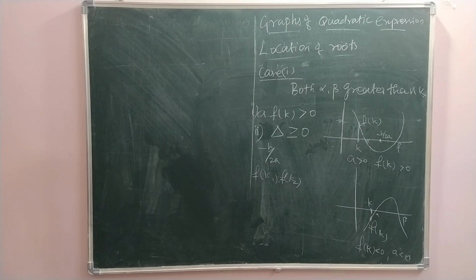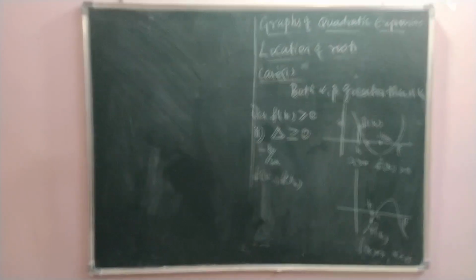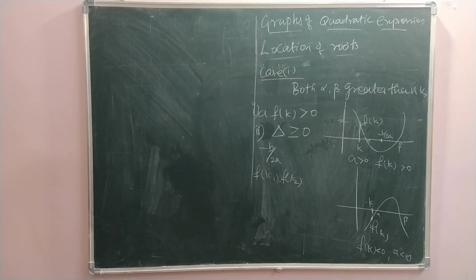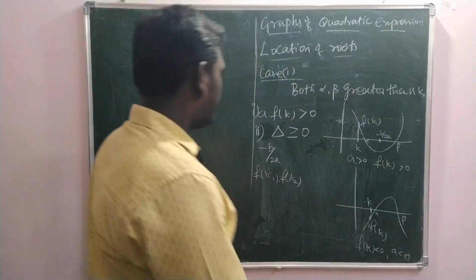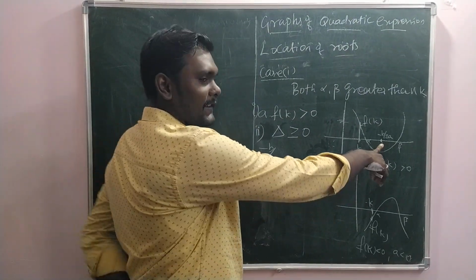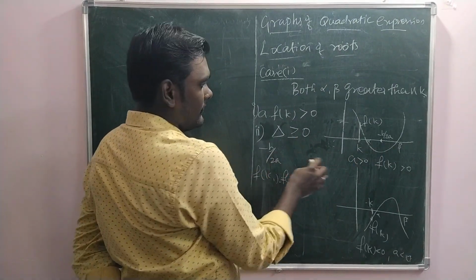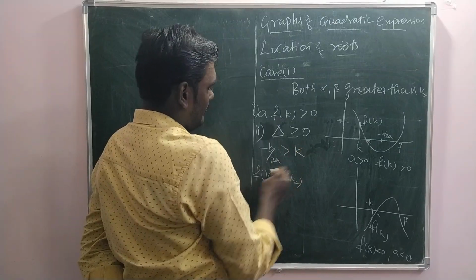Where is the value of k? See the number line simply. See, this minus b by 2a is here, k is here. So minus b by 2a is greater than k. That's all.